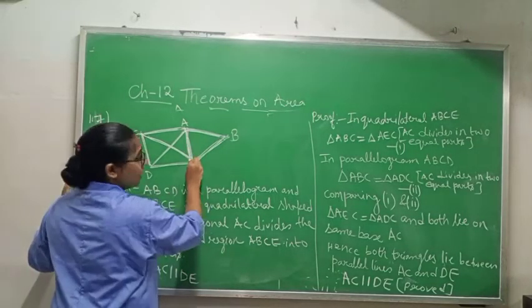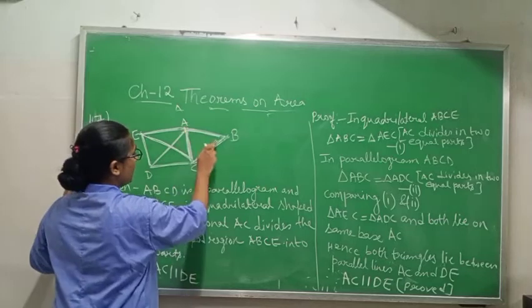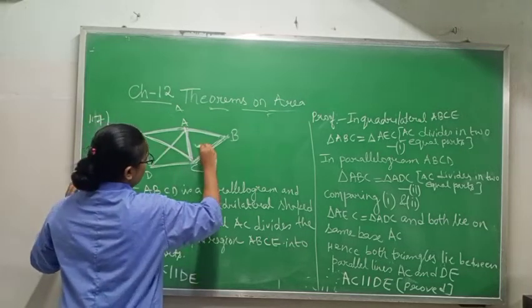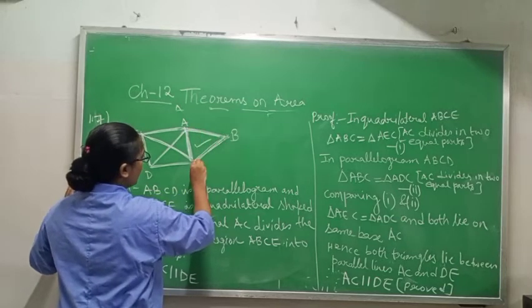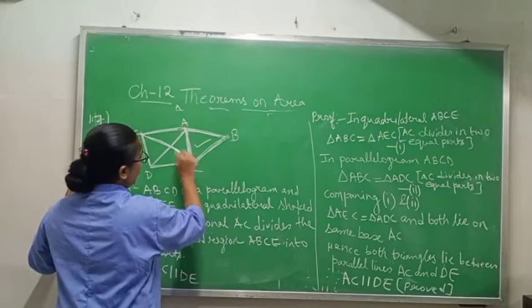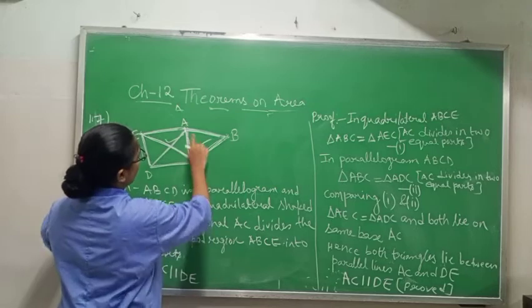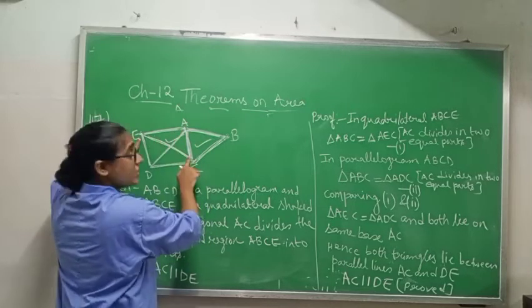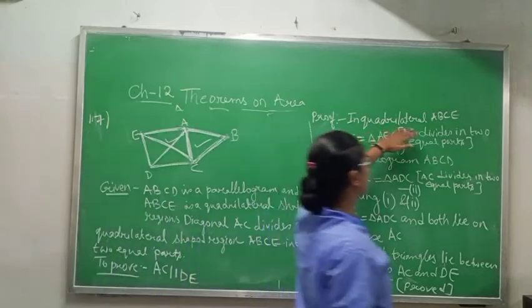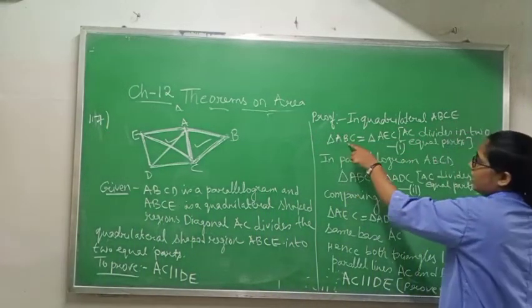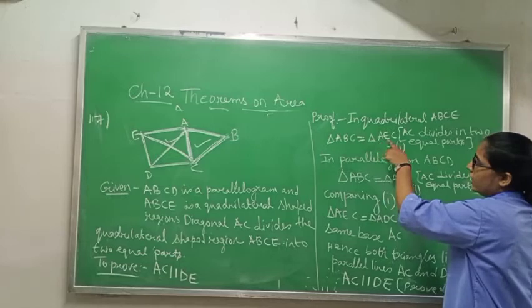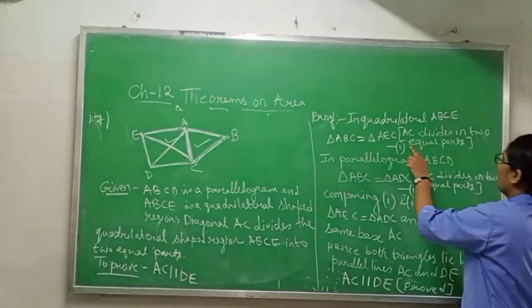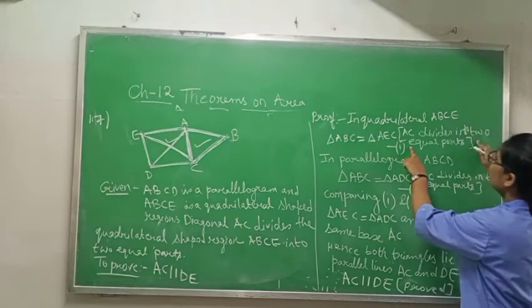It means that triangle ABC is equal to triangle AEC. That is why we write in quadrilateral ABCE, triangle ABC is equal to triangle AEC, and the reason is AC divides it into two equal parts.